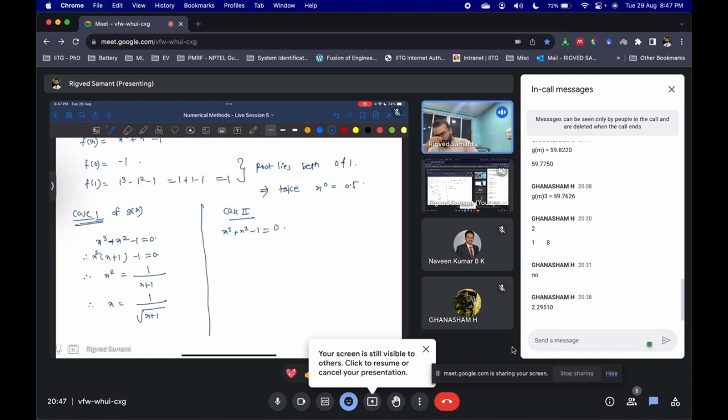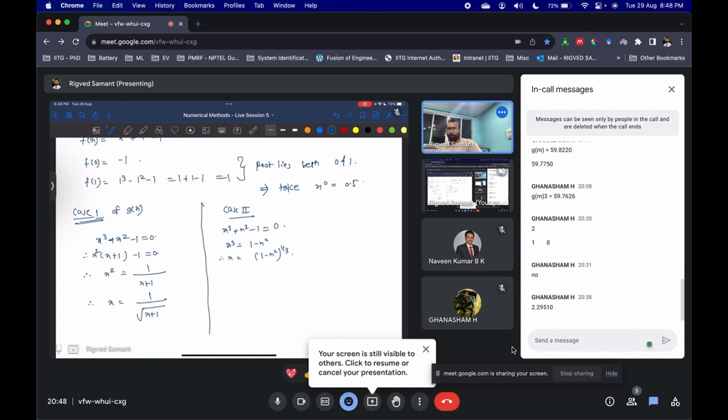Case 2: x cube plus x square minus 1 is equal to 0, right? I can directly take this x square to the other side, so x cube is equal to 1 minus x square, therefore x is equal to 1 minus x square raised to 1 by 3, correct?